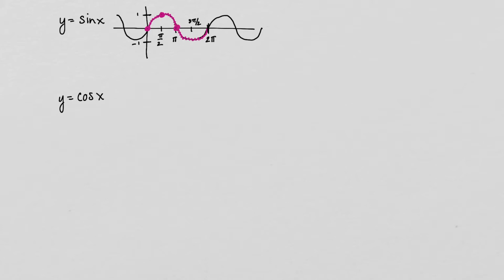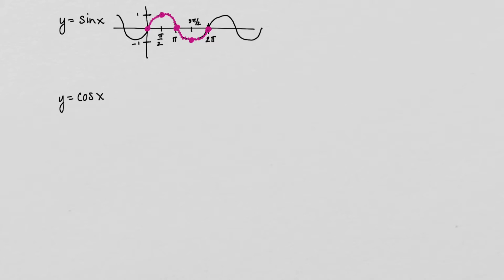When it's time for me to graph, I need to think about what happens to those 5 points. If we can show what happens to those 5 points, then we're going to be able to sketch our curve. And that's what ALEKS is going to ask you to identify, 5 points. So that's for the sine.